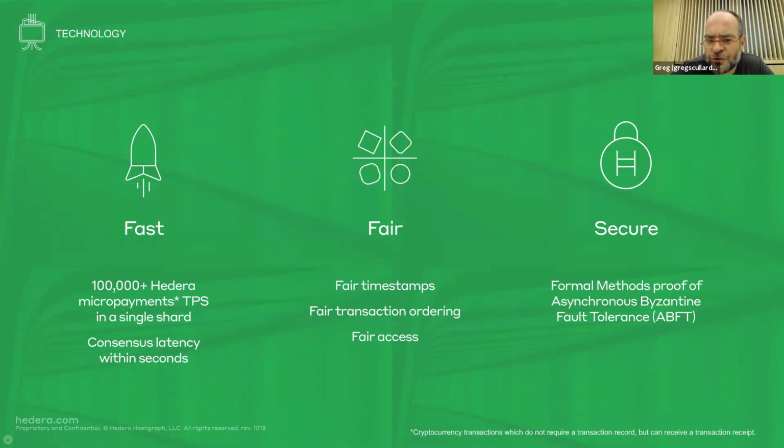However much gas you pay, for example, for a smart contract execution, will not alter the order of your smart contract transaction. Its arrival in the network and the consensus as agreed upon by the nodes will determine the order in which your smart contract function is run.